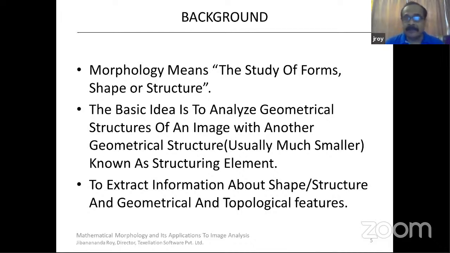The basic idea comes from geometrical structures which are operated on by another geometrical structure, usually a much smaller one, which is known as a structuring element, to extract information about the shape, structure, geometrical features, topological features, etc. It is not the kind of analysis we are used to seeing, like convolution, or signal analysis in the frequency domain. Here, the whole image is operated on.